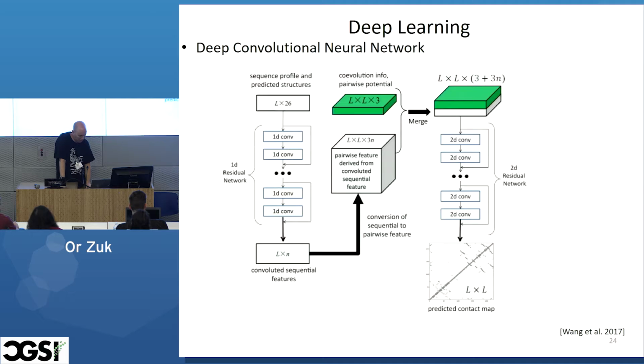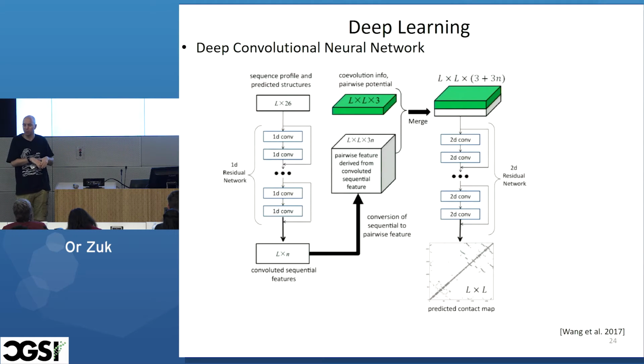There is an even more recent method which improved the result further by Wang et al. from Jinbo Xu's lab. They use a similar idea, but they use a deep network, I think for the first time for this problem. And importantly, they also use convolutional networks, both for the single amino acid features, and 2D convolution for the pairwise features.